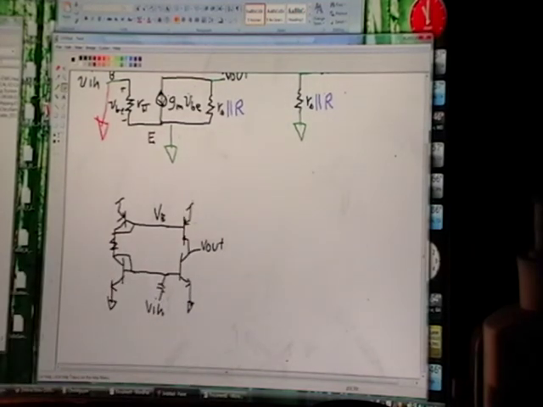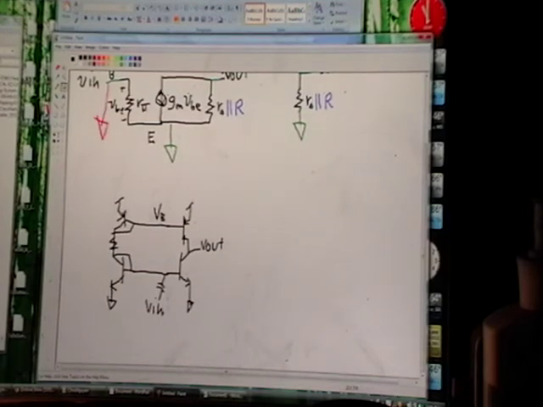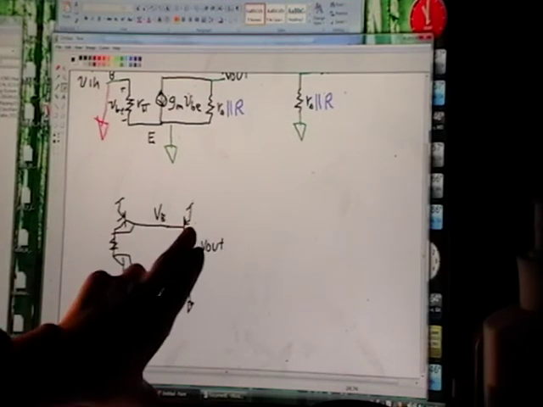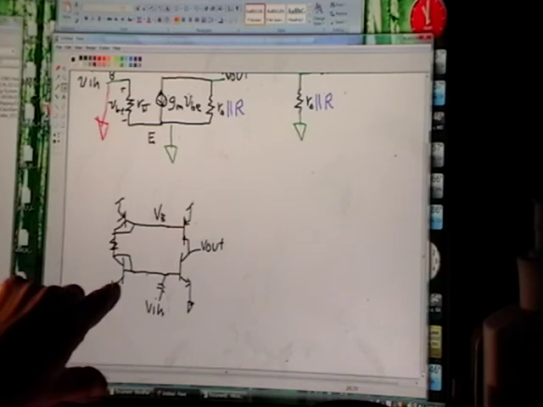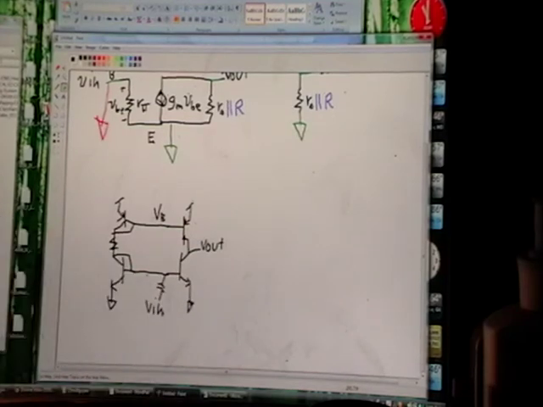Okay, so now we have VN going on to here. You have the same current through both of these. So you have this calculating the VBE for your PNP, and then you have this calculating your VBE for your NPN. Ask me about this if it doesn't make sense. Okay, so that's what we're actually doing.